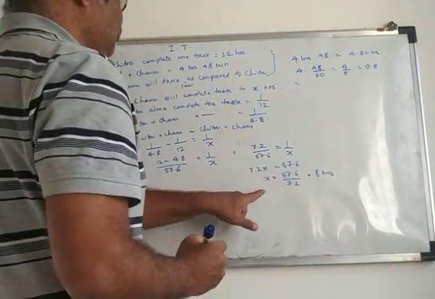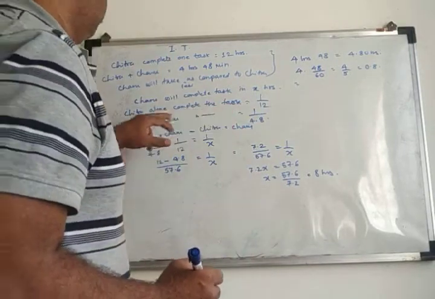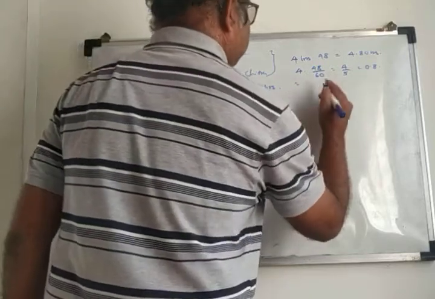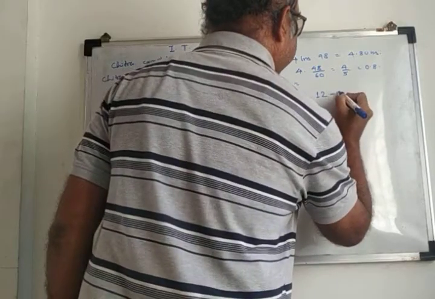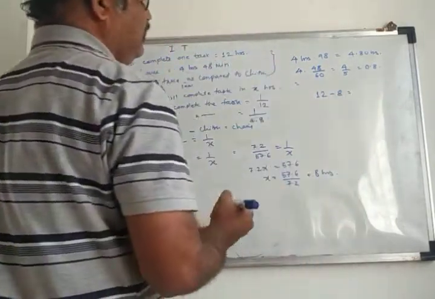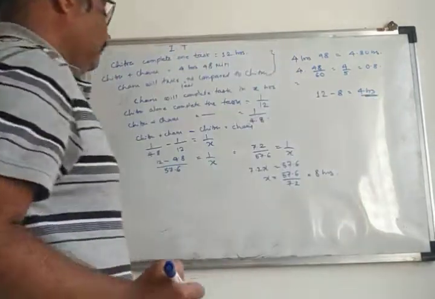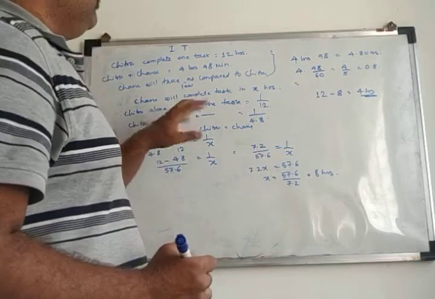So x is nothing but 8. Compare that Chitra takes 12 hours, as given, and Charu took 8 hours. So 12 minus 8 is 4 hours. That is how much less time Charu takes as compared to Chitra's time.